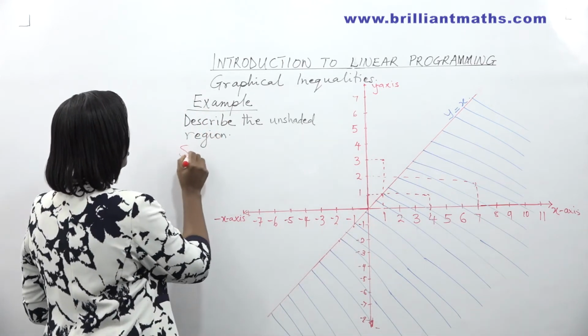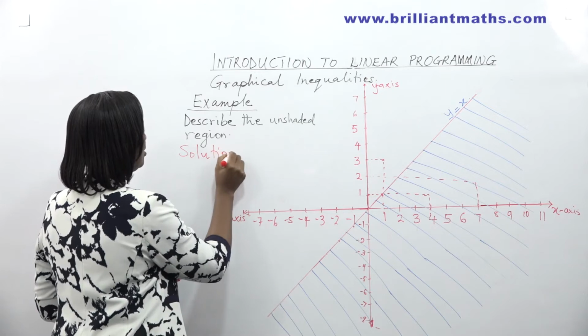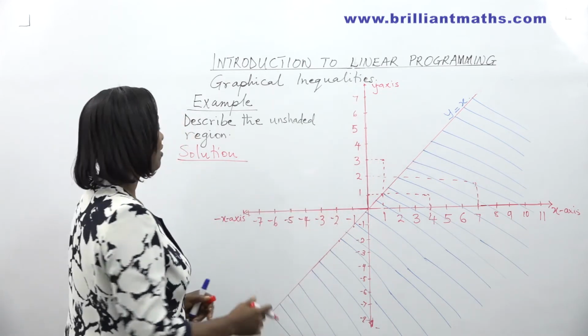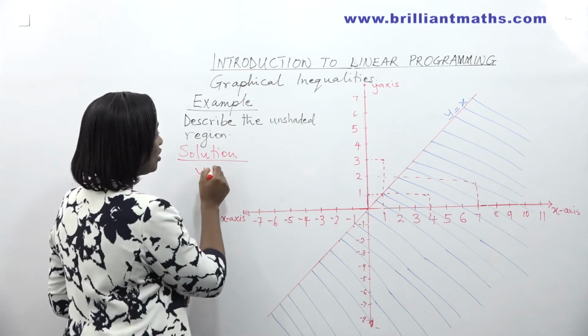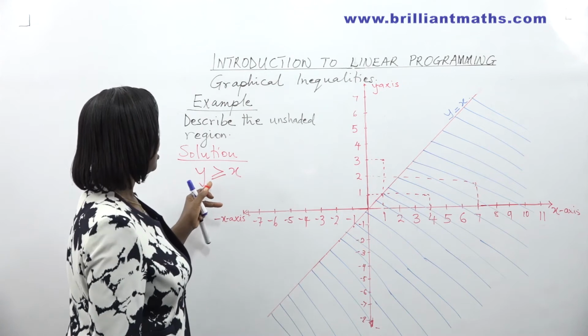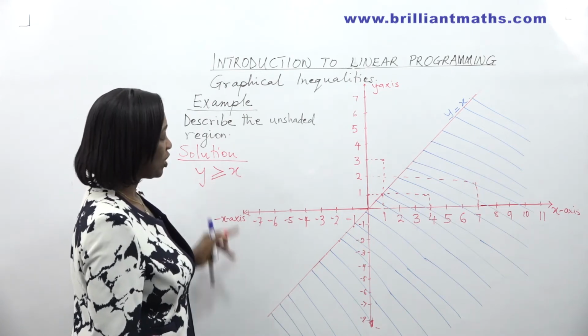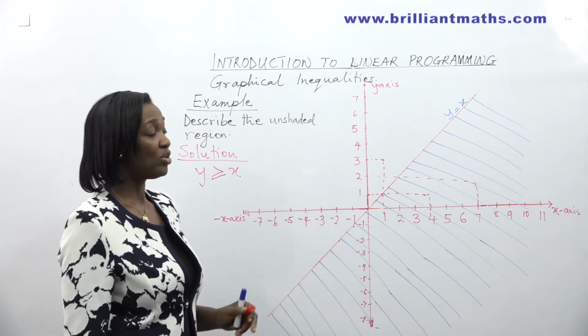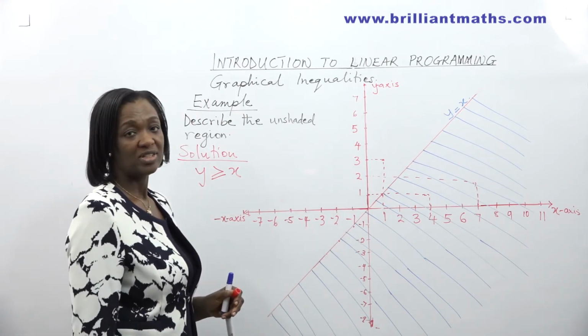So the solution is the unshaded region satisfies y greater than or equal to x. Remember that it's greater than or equal to because the line is a solid line and not a broken line. So it's not a strict inequality.